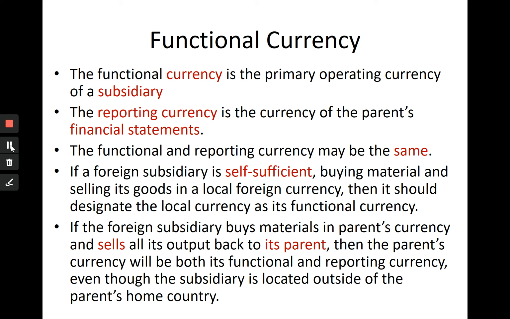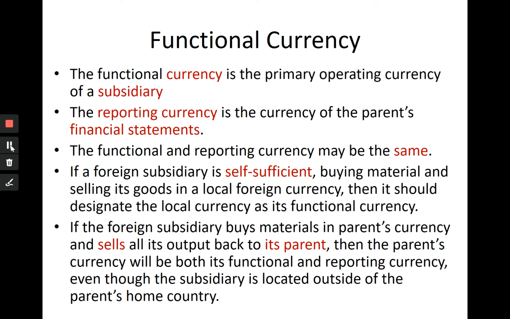So in the case that all our production is sent to the parent and we are a subsidiary in a foreign country, then the parent is allowed to use its own currency as the functional currency of the subsidiary. This prevents a lot of headache.